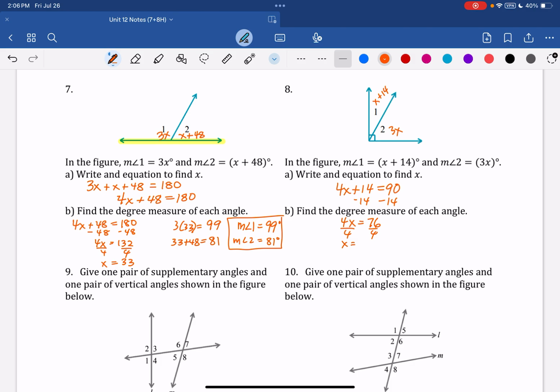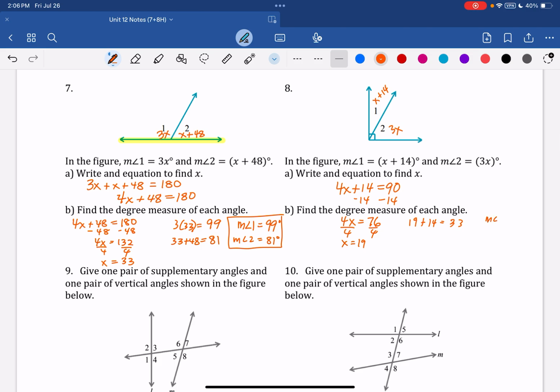And x is 19. So then we have 19 plus 14, that's 33. So the measure of angle 1 is 33. And then 3 times 19 is 57. So the measure of angle 2 is 57. I guess we should circle our equations too here.